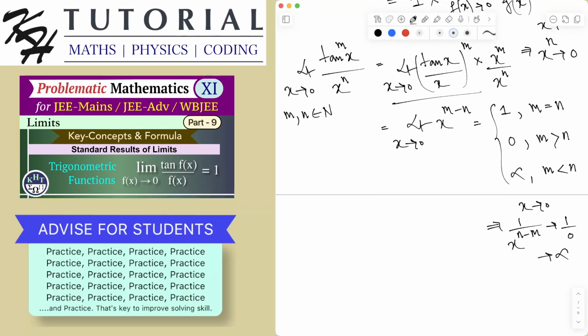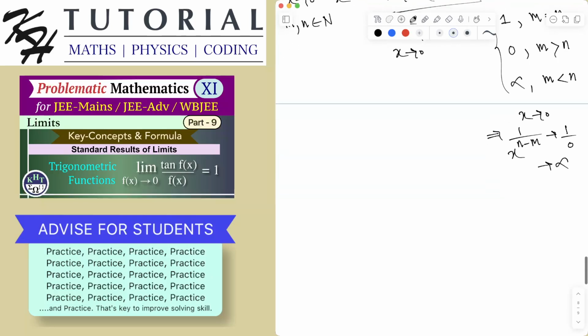Another pattern of question could be, what if you are asked, let's say, limit x tending to 0 of sine of f(x) by sine of g(x).